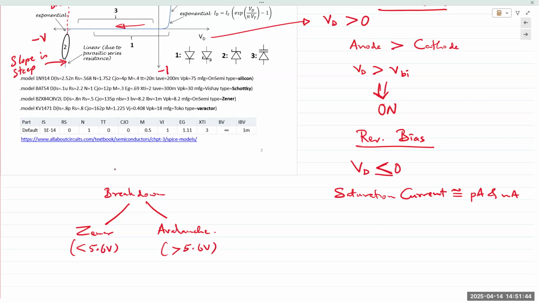But in general, convention just states that everything is Zener. Even though the effect might not be due to the Zener effect, it could be the avalanche effect, it is referred to as Zener diodes. Avalanche occurs due to a very high electric field that is applied.